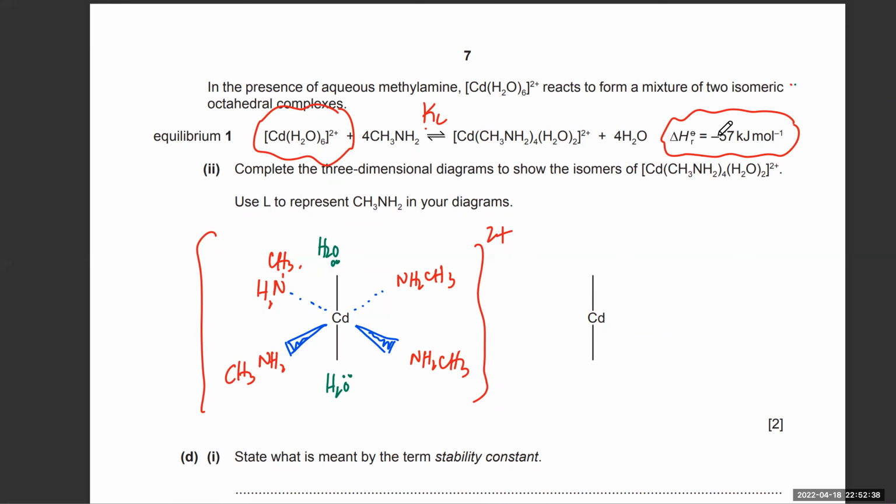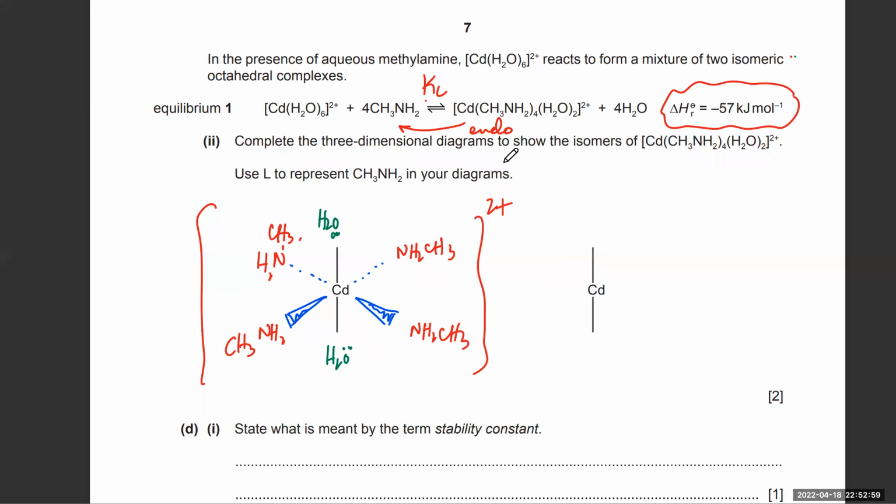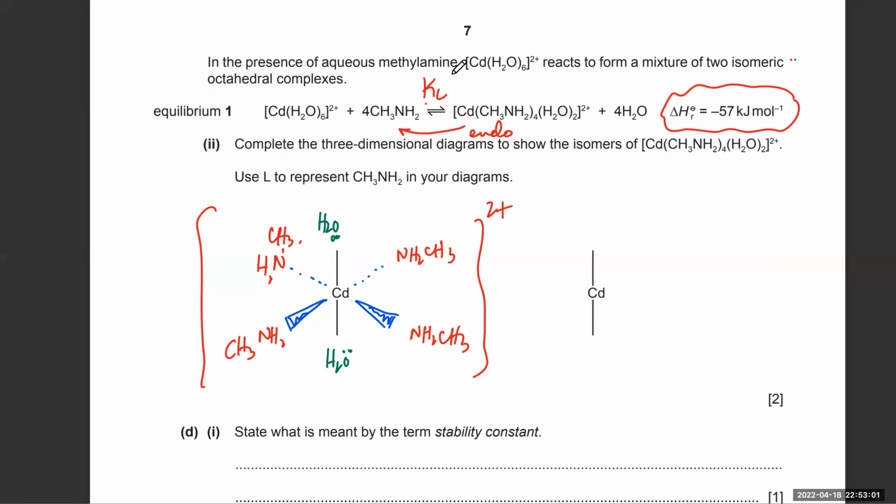If I increase temperature, which reaction would be favored, forward or backward, according to Le Chatelier's principle? Backward. It's an exothermic reaction, so the backward one is endothermic. When you increase temperature, the backward reaction is going to be favored, which means the Kc value, would it increase or decrease?